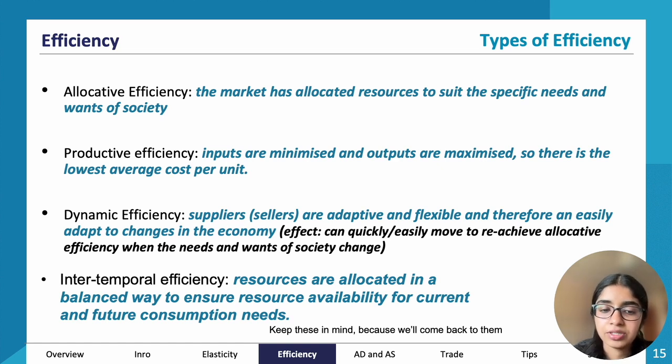So you want to allocate resources in such a way that the living standards of the current generation can be maintained, but at the same time, we can also maximize the living standards of future generations. So the idea of this is we don't want to use all of our resources now. We don't want to waste anything. We want to make sure that there is still stuff left over so that in the future, people are still enjoying a good quality of life.